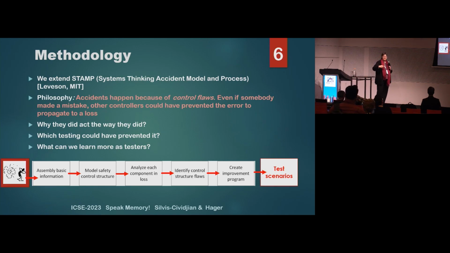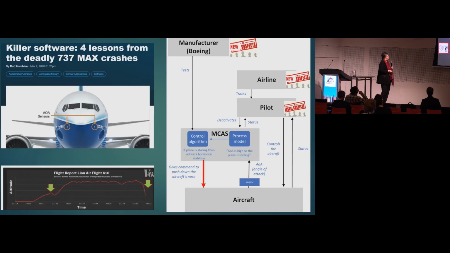So the control between components is in a degraded, flawed condition. Then we ask the students, which controller didn't prevent the accident? Then we ask, a very important question, why didn't this controller prevent the accident? Then we ask which testing could have prevented it, and then what we can learn.